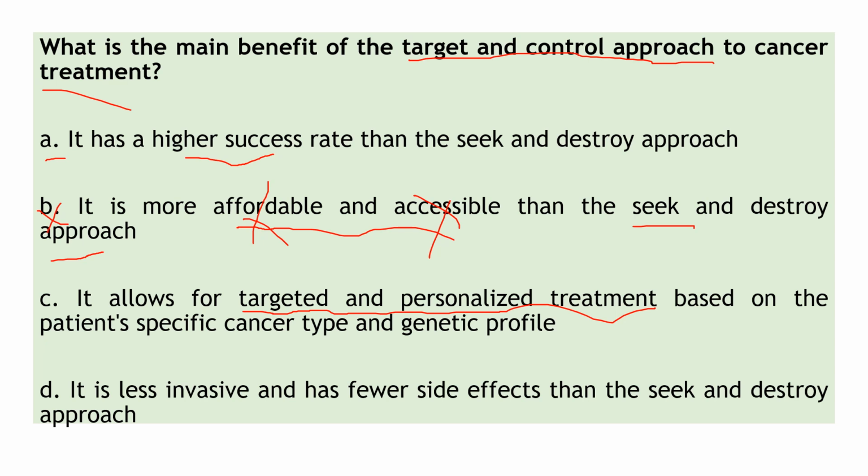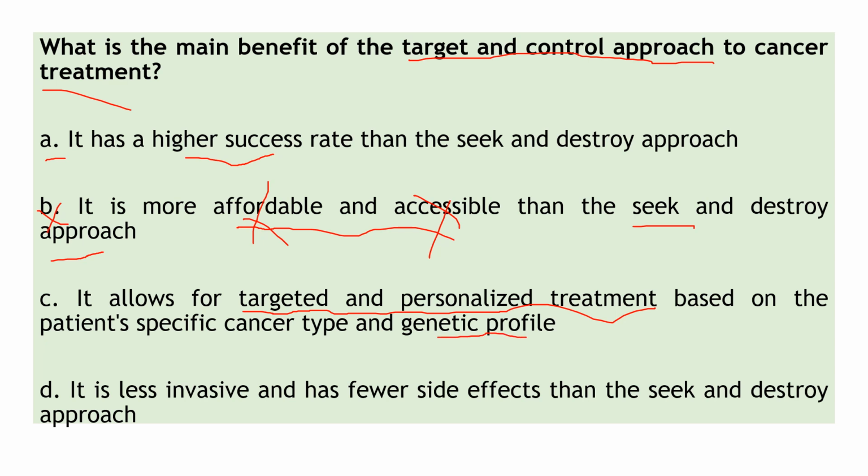Attacking all the cells of the body, not only the ones involved in the cancer, is really tough for patients. So it is based on the patient's specific cancer and type of genetic profile.